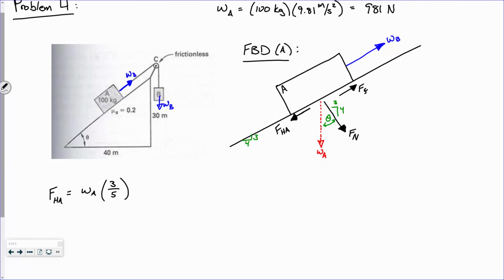What if it was like that, and this was 1 to 12? It would have a very tiny vertical component and a very large horizontal. All right, make sense? All right. So this comes out to be, what is that? 981 newtons times 3/5. That comes out to be, what is that?